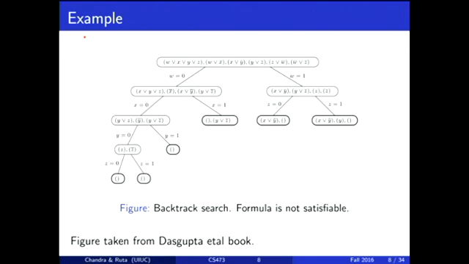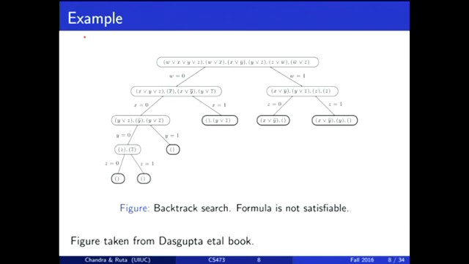by going one variable at a time. It's a recursive algorithm. You say, I have a formula, I'll check by setting this variable to 0 and to 1 and checking what happens. So instead of generating a full assignment, you generate the assignment one variable at a time and simplify the formula as you go along.